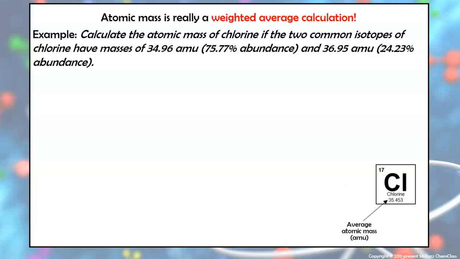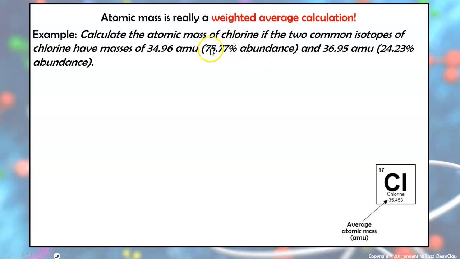It's the same way that you would do average atomic mass, which is the weighted average calculation, meaning it is the mass of the particular isotope times the percent abundance, meaning how much of that isotope is in the world. So this is the type of calculation you'll see. You're going to calculate the average mass of chlorine when you have 2 different common isotopes.